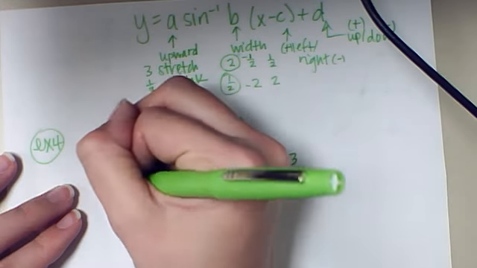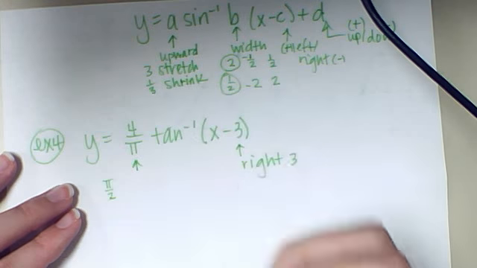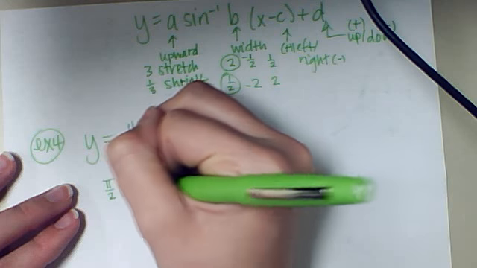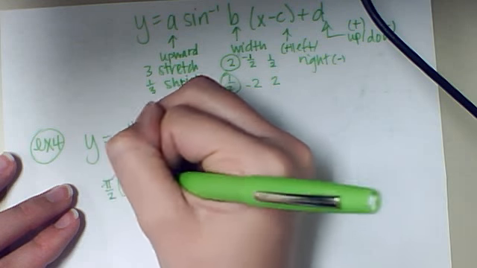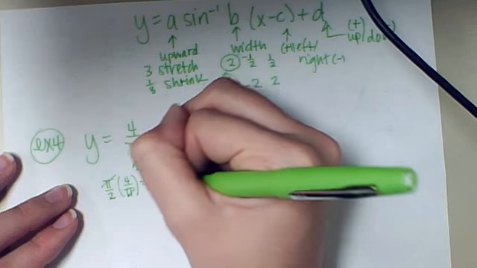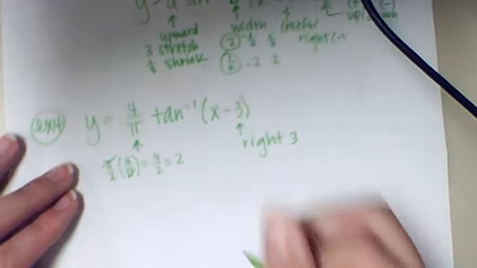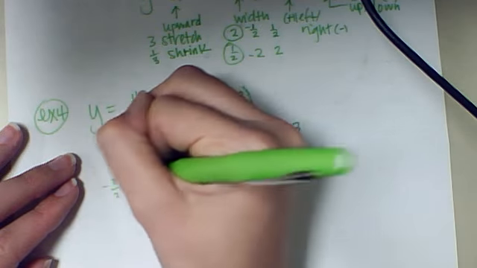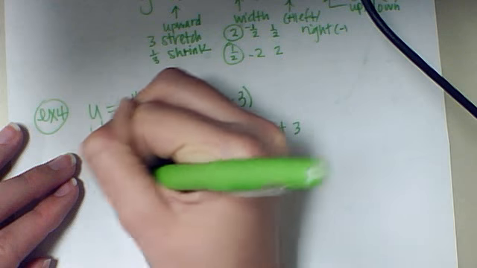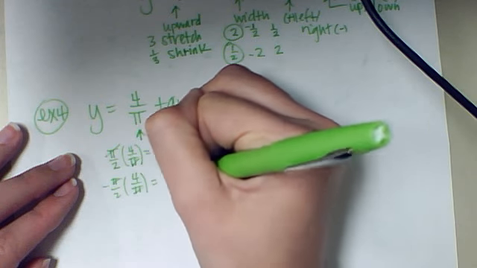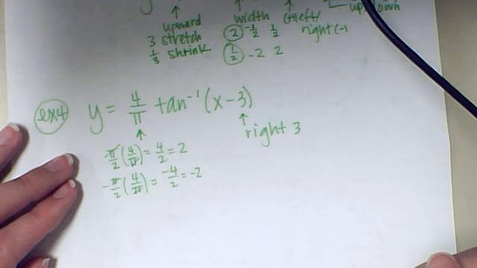So I'm going to do my pi over 2, which would be my high point for tangent, times 4 over pi. And the pi's will cancel, and 4 over 2 is 2. That's my new high. My low, negative pi over 2 times 4 over pi. Pi's cancel, and I've got negative 4 over 2, which is negative 2. My low is now negative 2.